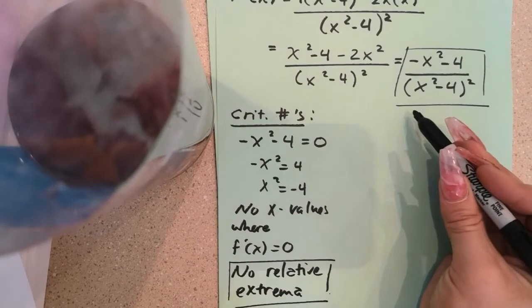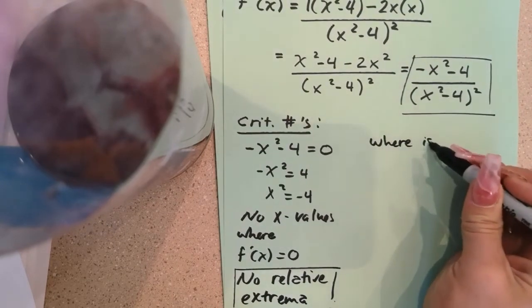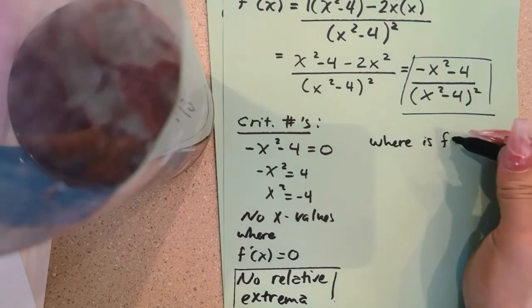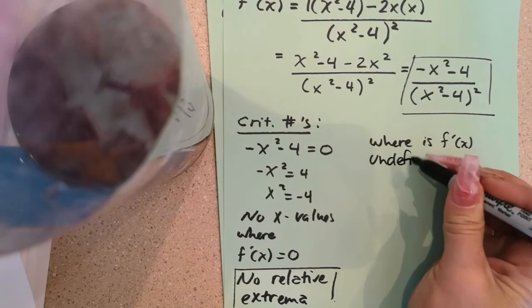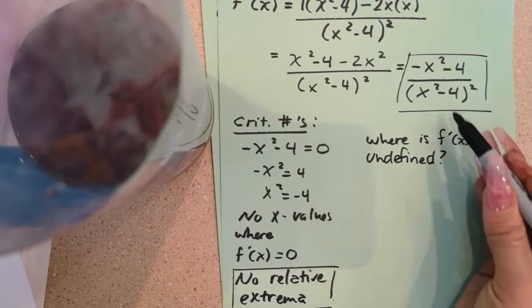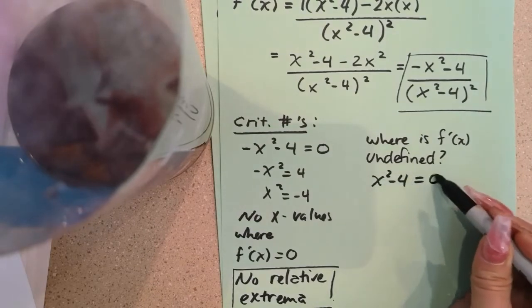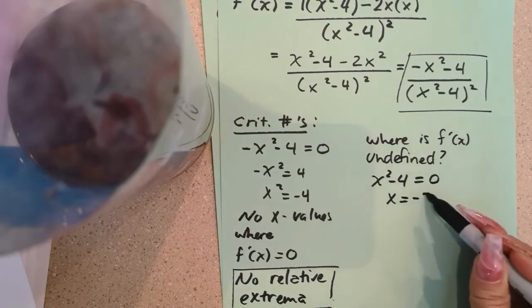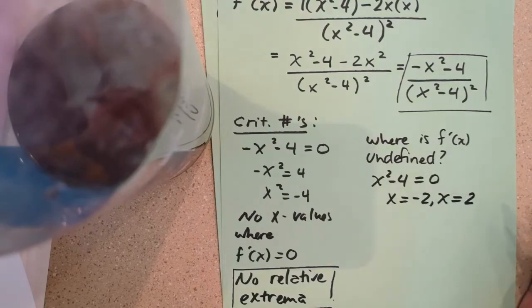But remember, I also had to look at where f prime of x is undefined. So that would be where the denominator is 0. Okay, so then I run into those same vertical asymptotes.